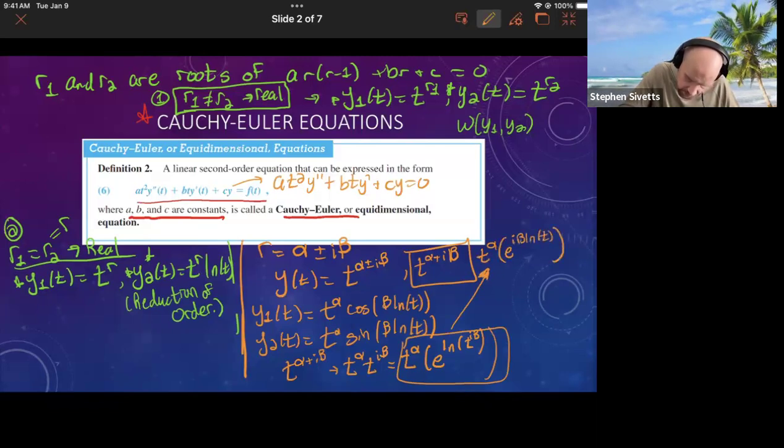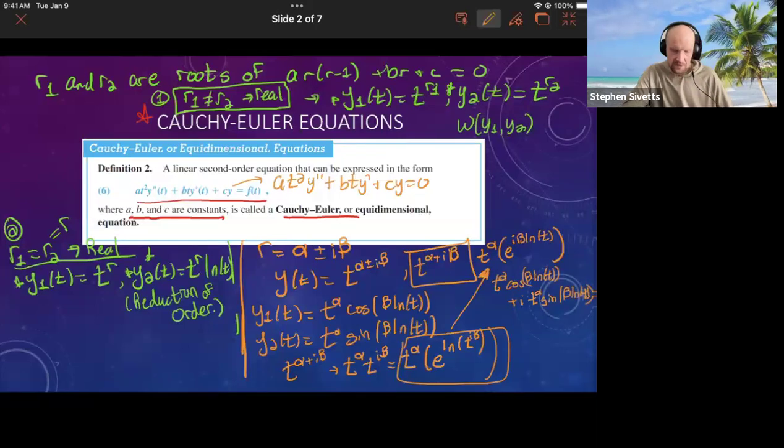And then you're going to use Euler's identity. So t to the alpha cosine of beta ln of t plus i times t to the alpha times sine of beta ln of t. Okay. And then the other solution is when y2 is equal to t to the alpha minus i beta. Okay.